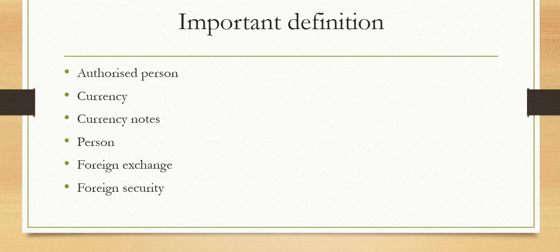Then person will include an individual, Hindu undivided family, a company, a firm, an association of persons or body of individuals whether incorporated or not, and every artificial juridical person not falling within any of the preceding subclauses.